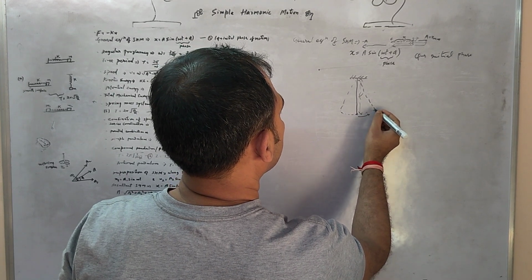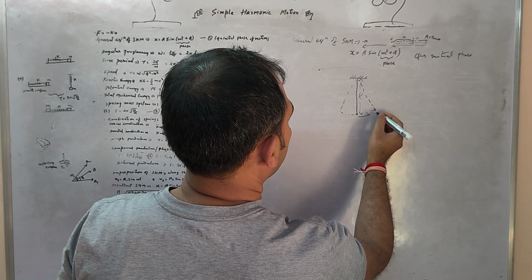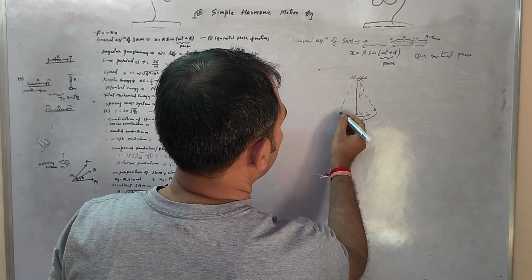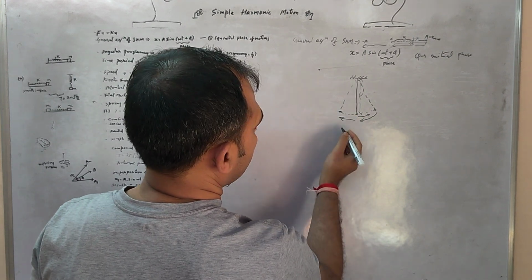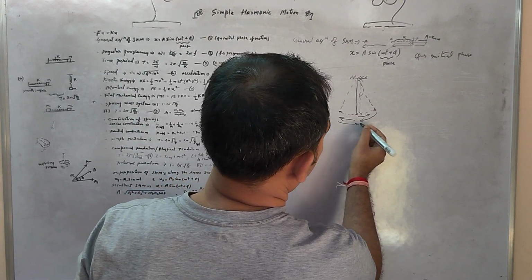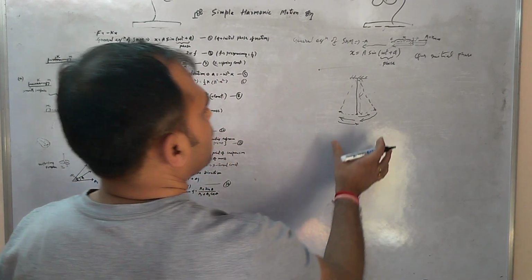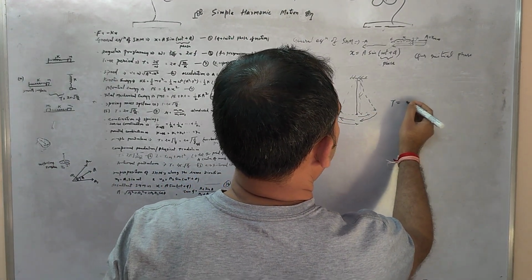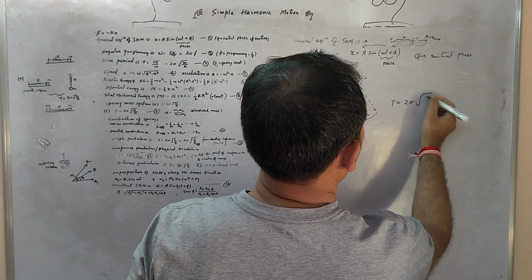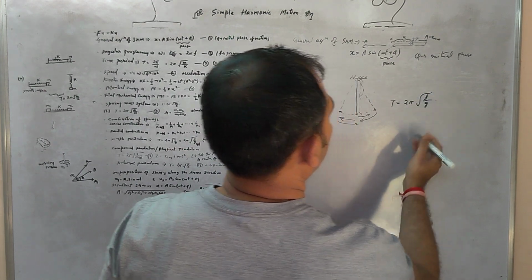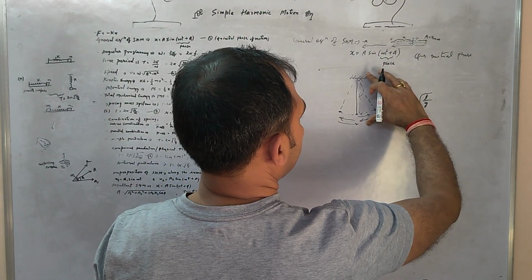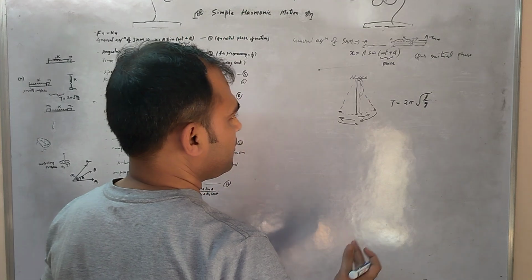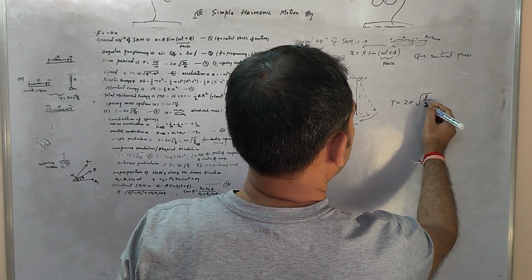Going towards this, finally this, then again going to this, coming back to the main position. So this is also simple harmonic motion. The time period will be given by 2 pi root L by g, where L is the length of the pendulum and g is the acceleration due to gravity.